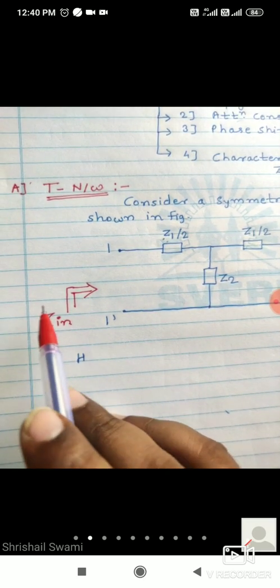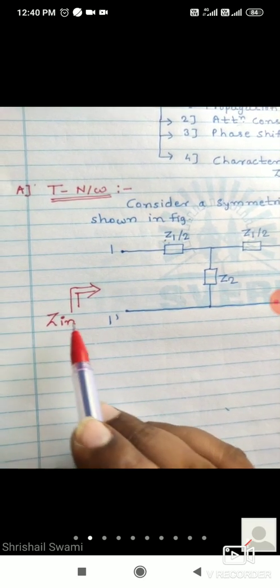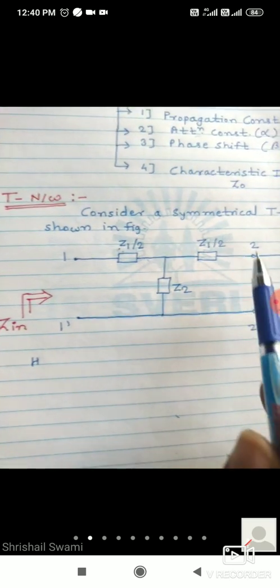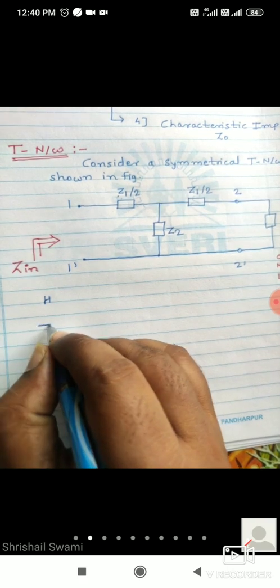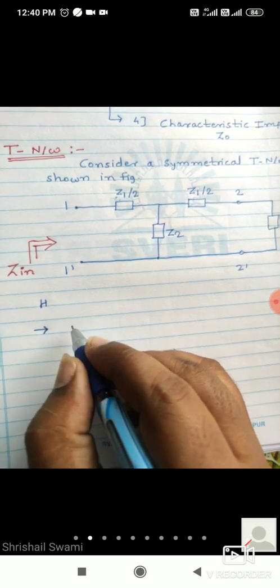That input impedance we write as Zin. We are going to find Zin, or the equivalent impedance of this total network observed from this side. I will write one sentence first, then we will start the derivation.